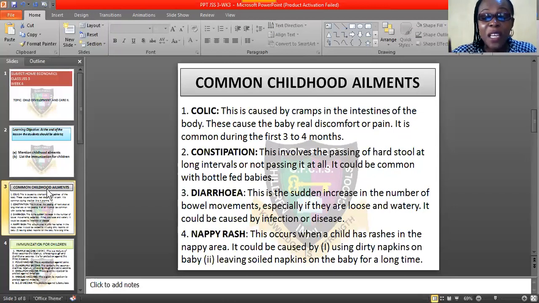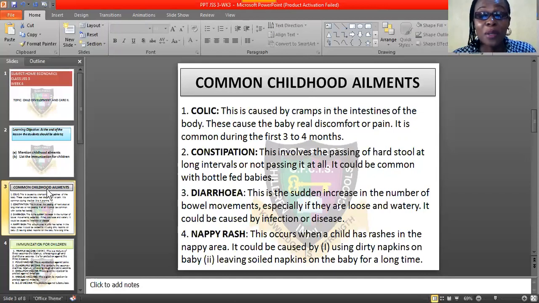But if you are feeding your child with milk, all these are bottle feeding, sometimes the child will stay like 2 days, 3 days, and will not be able to toilet, and it is not good. It can kill a child. Do you understand? And when such happens, there is a way you go about it. You have to meet your doctor, and your doctor will put you through.